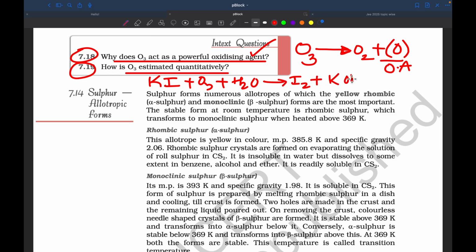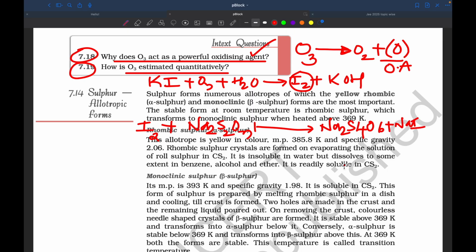The iodine so formed reacts with sodium thiosulfate, which is also known as hypo, where you get sodium tetrathionate, Na2S4O6, plus NaI. So this is how the ozone is estimated. Okay.